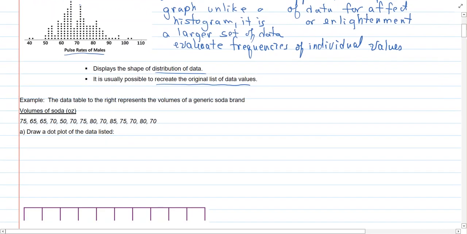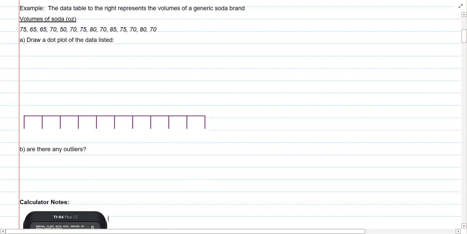All right. So we have some very simple homework. We have the volumes of soda, and the sodas are in ounces. Looking here, it looks like the lowest is 50 and the largest looks like 85. So we're going to say this is 50, 55, 60, 65, 70, 75, 80, 85.